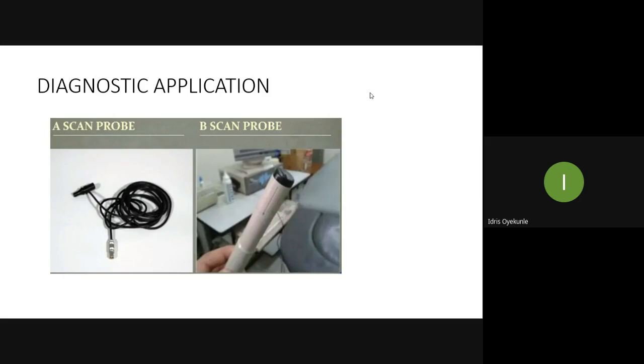The diagnostic application of ultrasound is very important because it's important to almost all subspecialties in ophthalmology, both the anterior and posterior segments, and even the oculoplastic as well. So the importance cannot be understated.